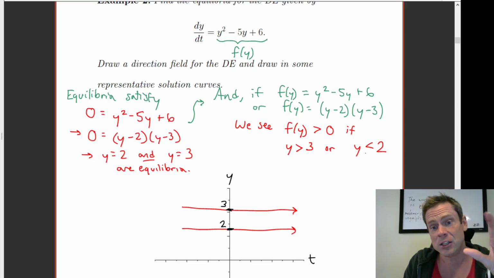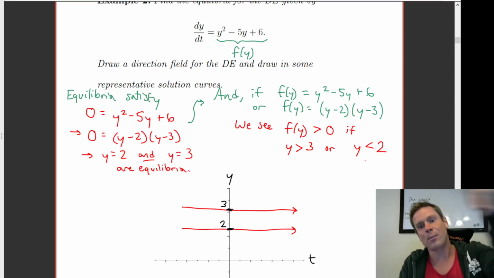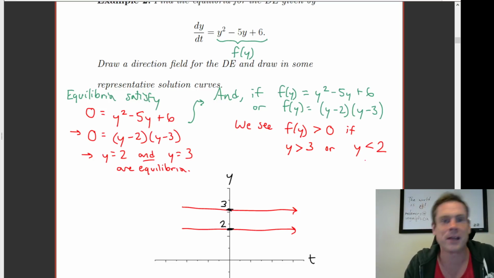If you need, you could write down a number line and test points, because a lot of people will solve inequalities that way. Sometimes this one is probably simple enough that most people can eyeball it and see, oh, if y is bigger than 3, both of these brackets are going to be positive. If y is less than 2, both of those brackets are going to be negative. And in any case, it's for these values of y that solutions are increasing, because f of y is greater than 0 there.